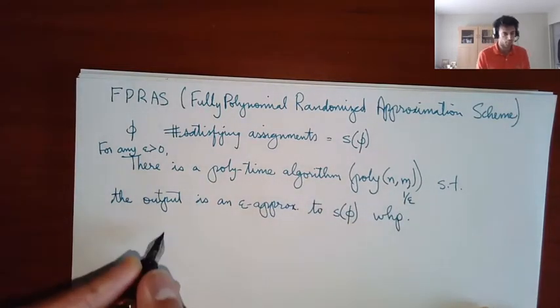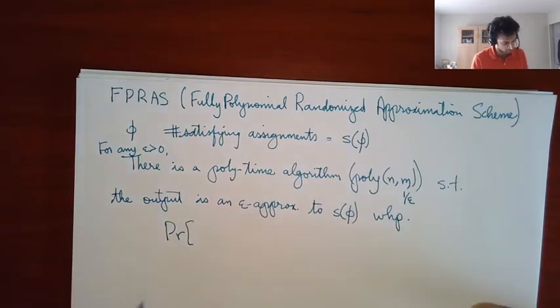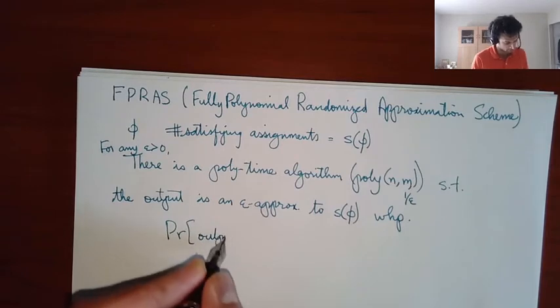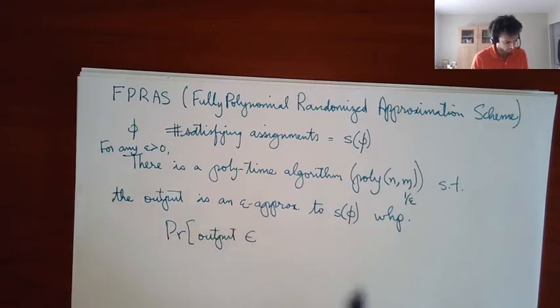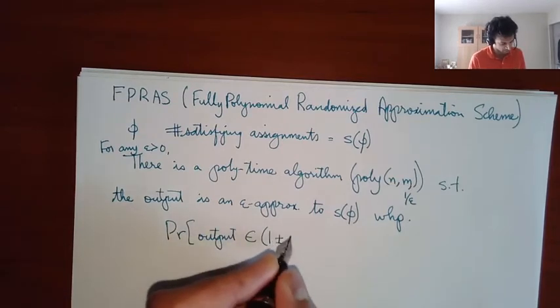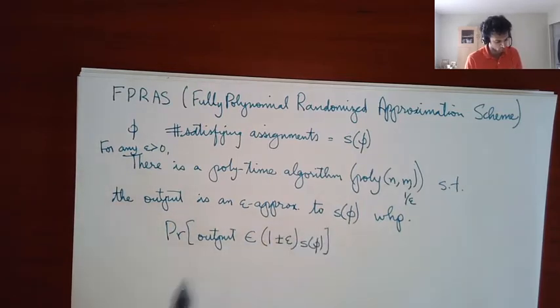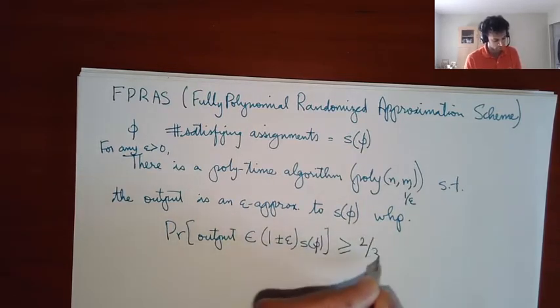So what this means is that the probability, again, this is the probability over the randomness of the algorithm, that the output is contained in 1 plus minus epsilon of the true answer is at least 2/3.